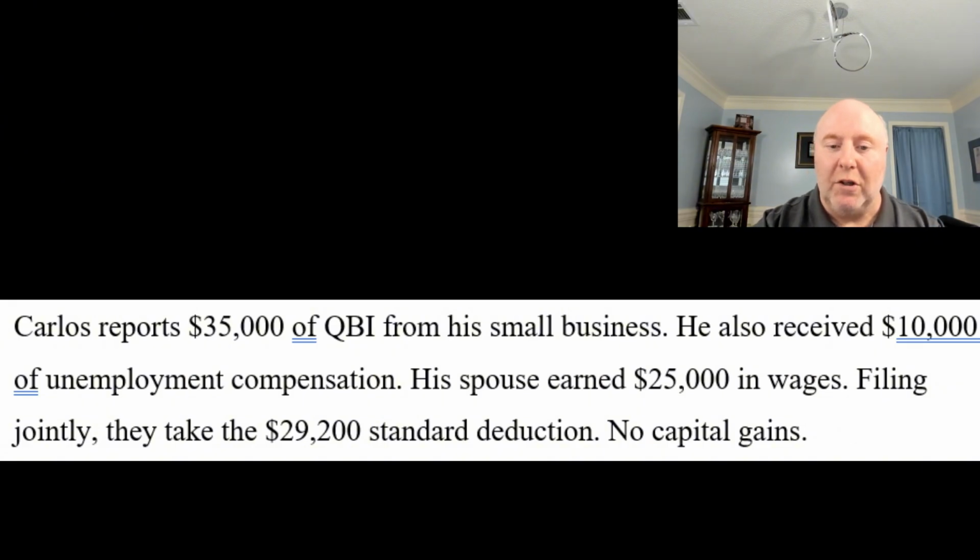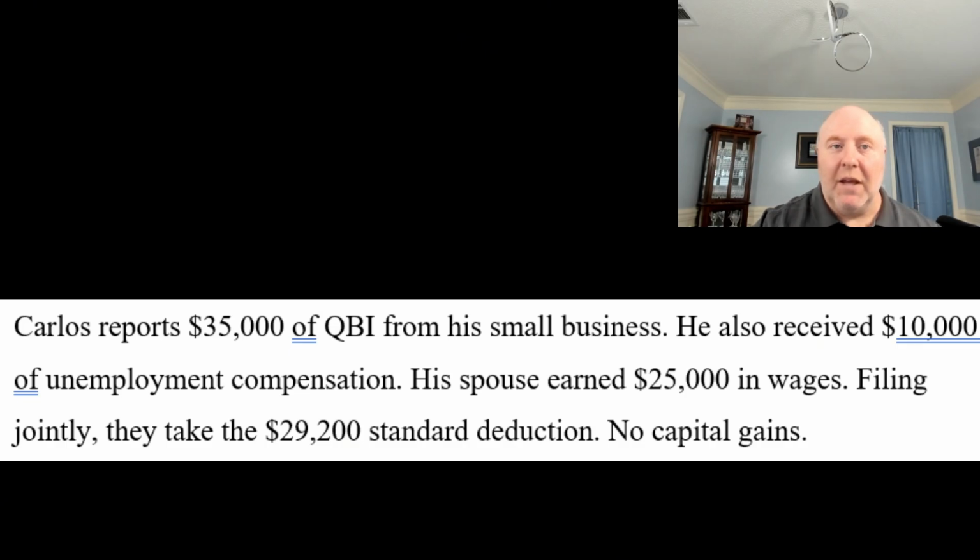Well, what we're going to do now is subtract out the $29,200 standard deduction, and we're going to come out to $40,800. That is going to be the limit. We're going to go 20% times $40,800. That will be the ceiling for our QBI deduction, right? That's 20% of modified taxable income.